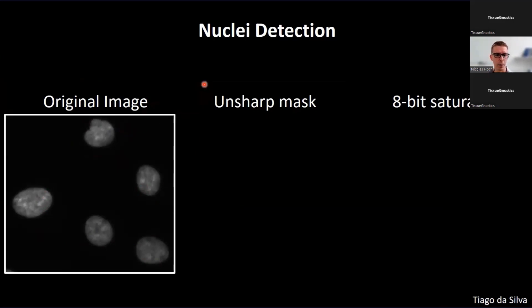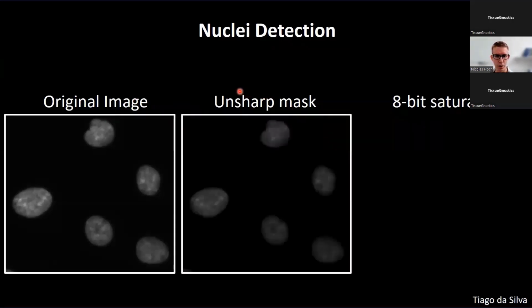We do a couple of operations here to help the software identify these nuclei more cleanly. The first step we use is something we call unsharp mask, which is an operation that will essentially remove the background. Although this image looks black wherever there are no nuclei, there is actually residual signal here that we remove with this operation. Now the background is 0, the signal intensity is 0.